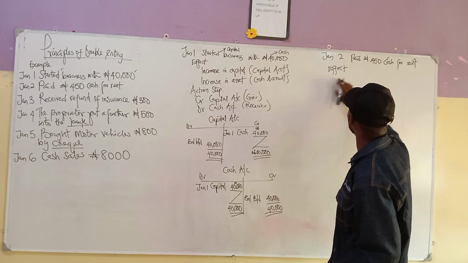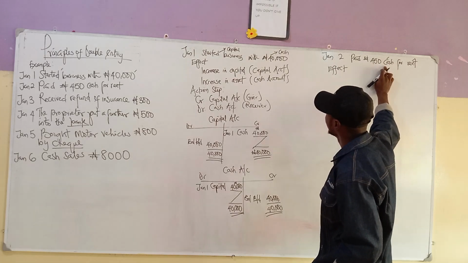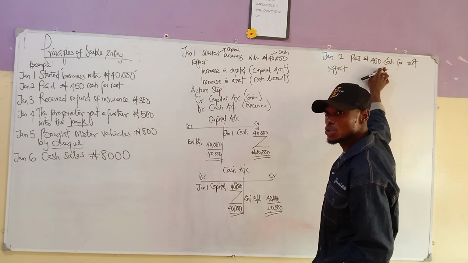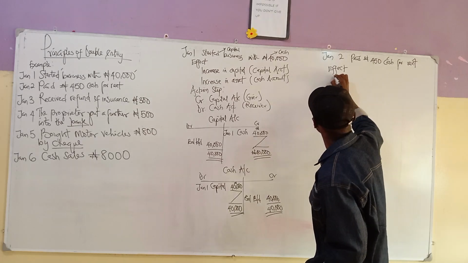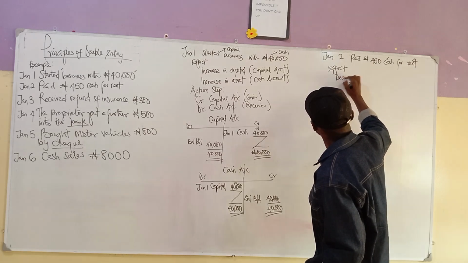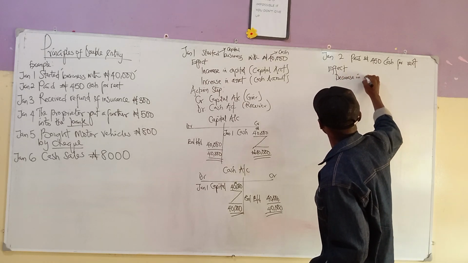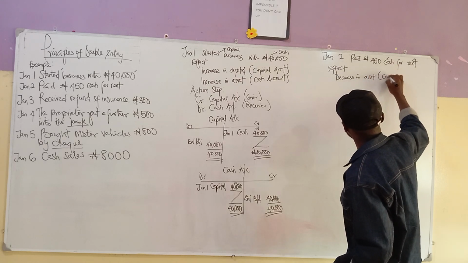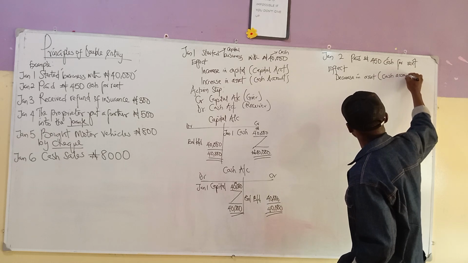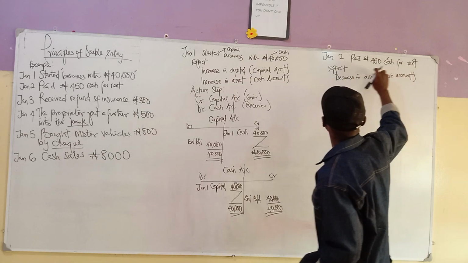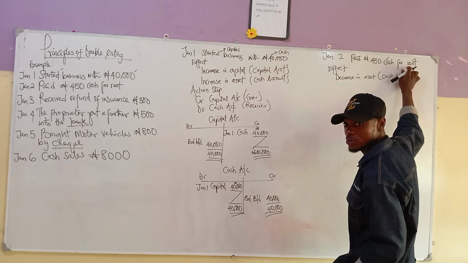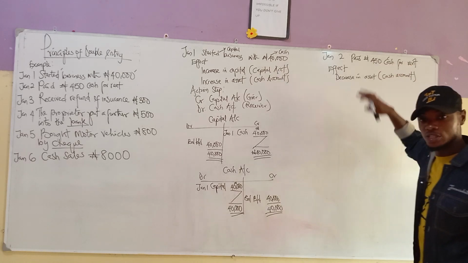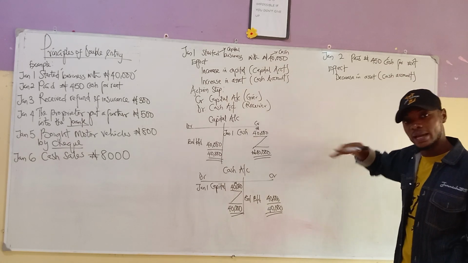Now, what are the effects? Under the cash, what is happening? It is reducing, right? So we have a decrease in assets. Our assets decrease under what? Cash account. Now, rent is an expenditure, an expense incurred in a business.